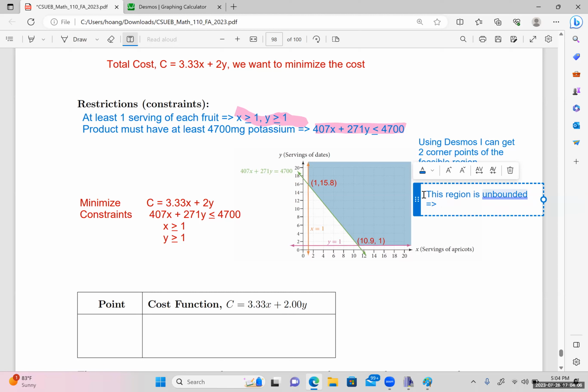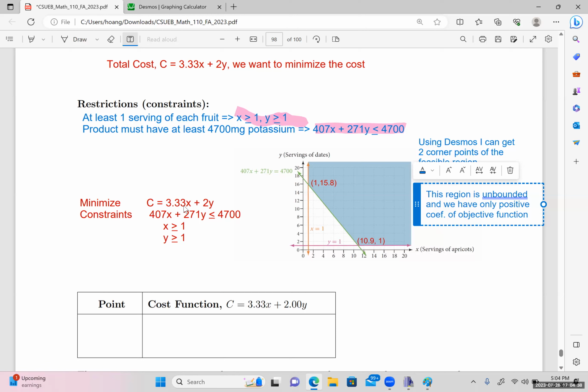So then, we have only positive coefficients of the objective function, the cost function there, right?